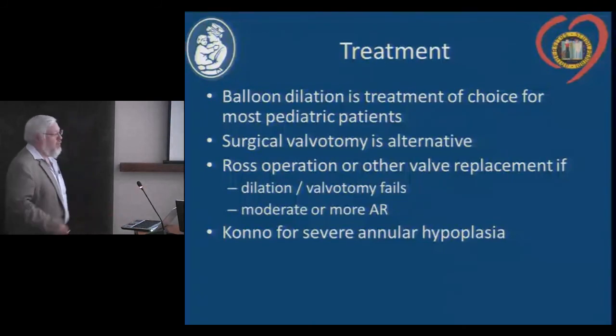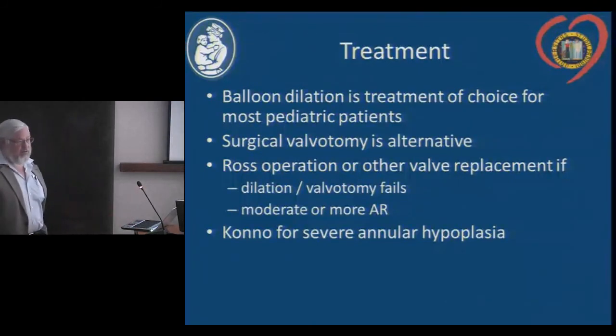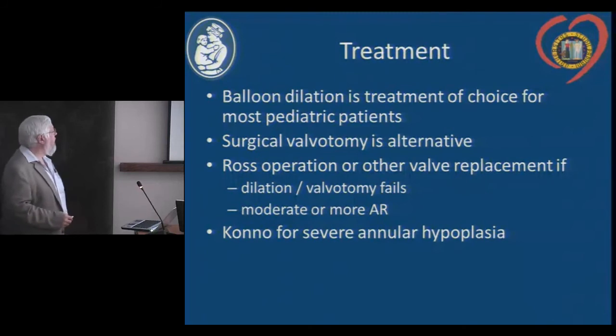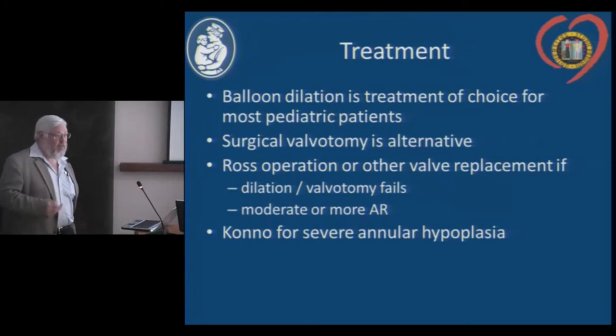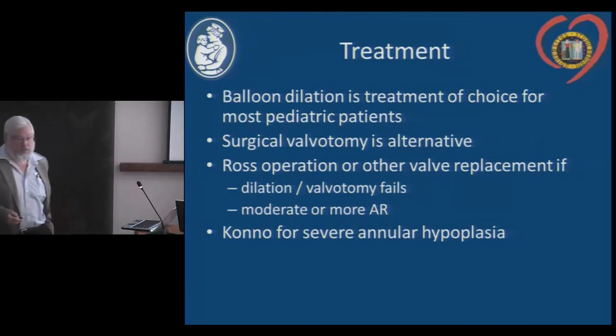So the treatment for most neonates and young children today, I think, is balloon dilation. I think this is what most people prefer, although there are still some groups that prefer surgical valvotomy because they believe that it's a more precise and controllable procedure.